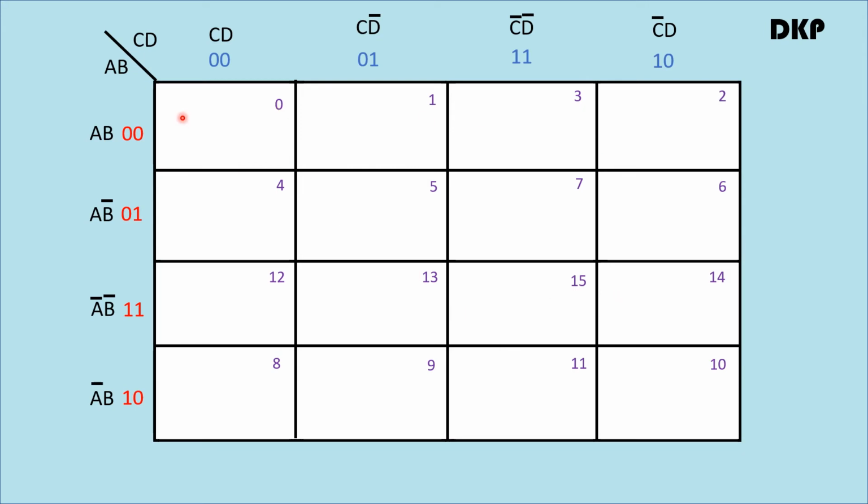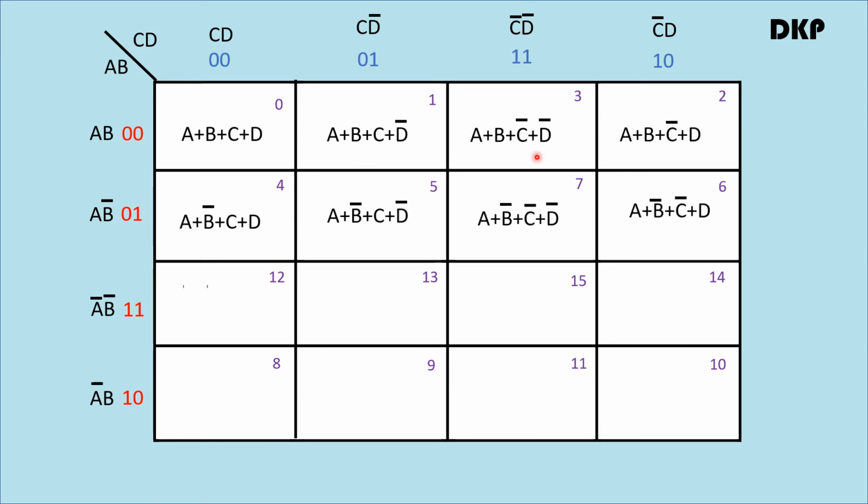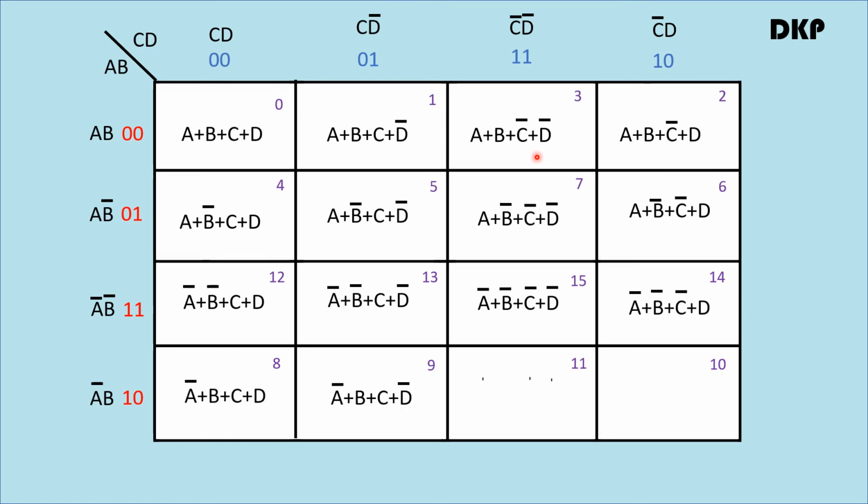Now this cell is also called A plus B plus C plus D. This is in POS form. This cell is called the max term M0 or A plus B plus C plus D. Now this cell is called the max term M1 or in POS form A plus B plus C plus D bar. Similarly, the other cells up to 15 are represented in POS form like this.